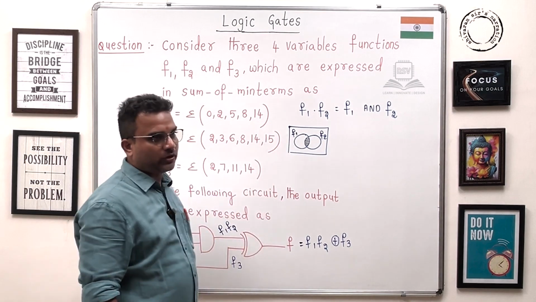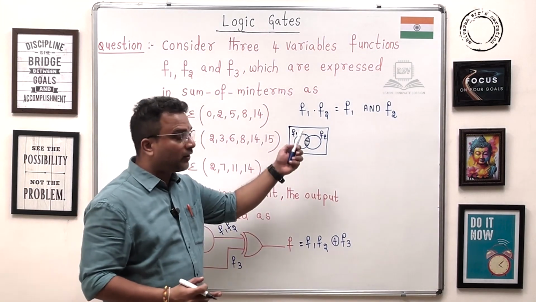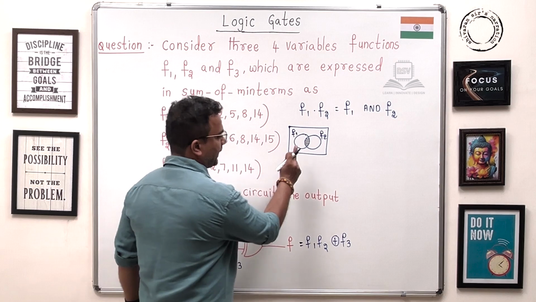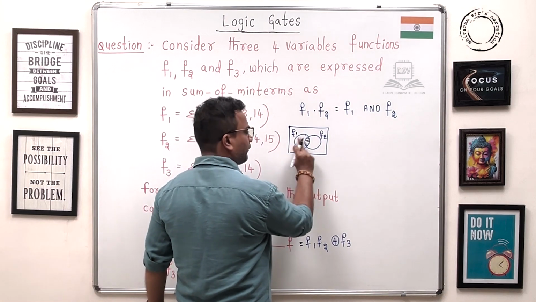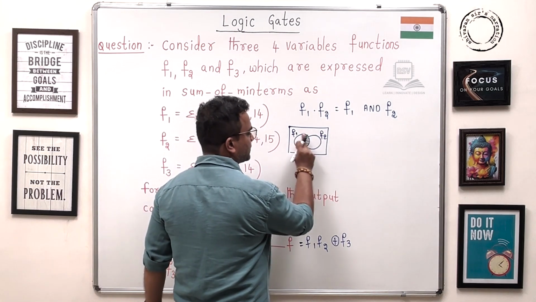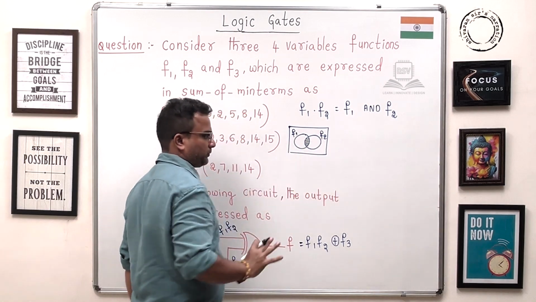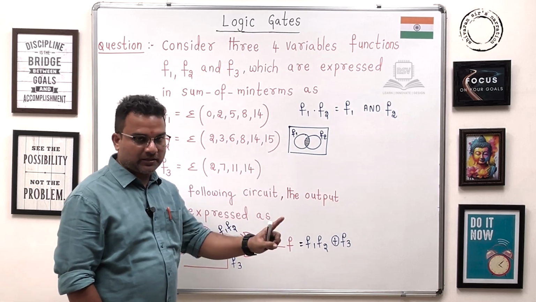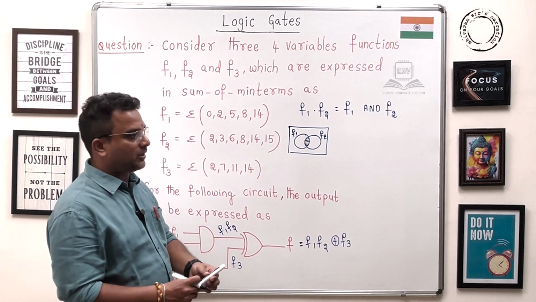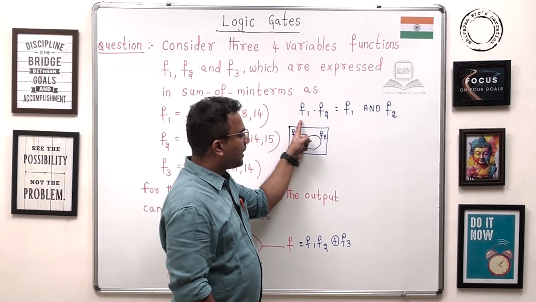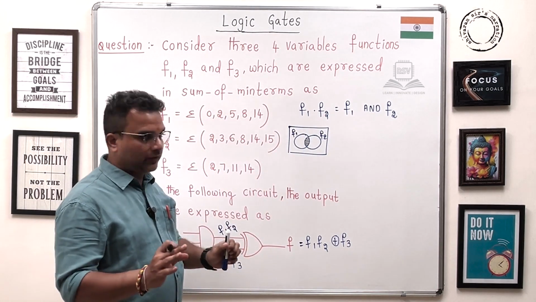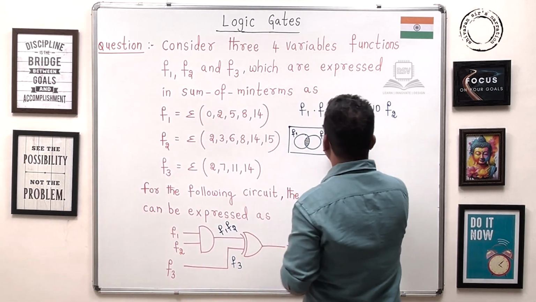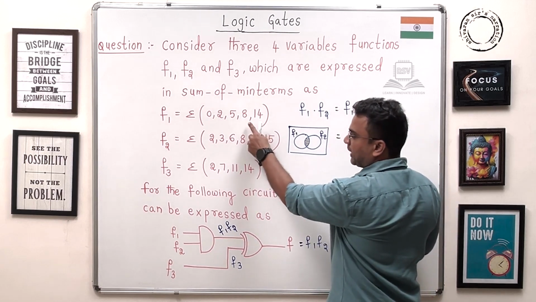Similarly, if it is f1 or f2, we will take the union. f1 union f2 means everything regarding f1 and f2. So here remember, f1 and f2 represents the common portion present in both function f1 and function f2.